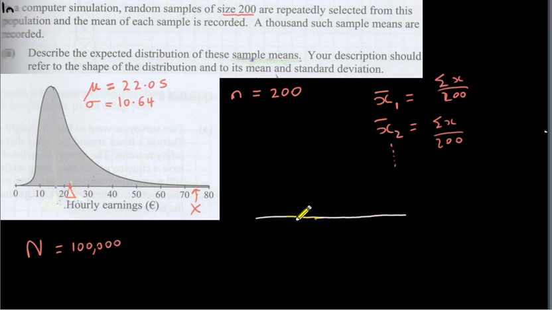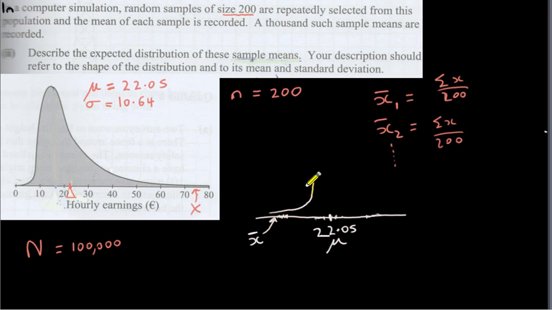We found that if we look at all the sample means, now x bar are all the values along here, we'd find that most of those values would be in or around the population mean, which is 22.05. So that's mu. So we'd find that most of our x bars would be in around this, with few of them far to the right of it, and few of them far to the left of it.